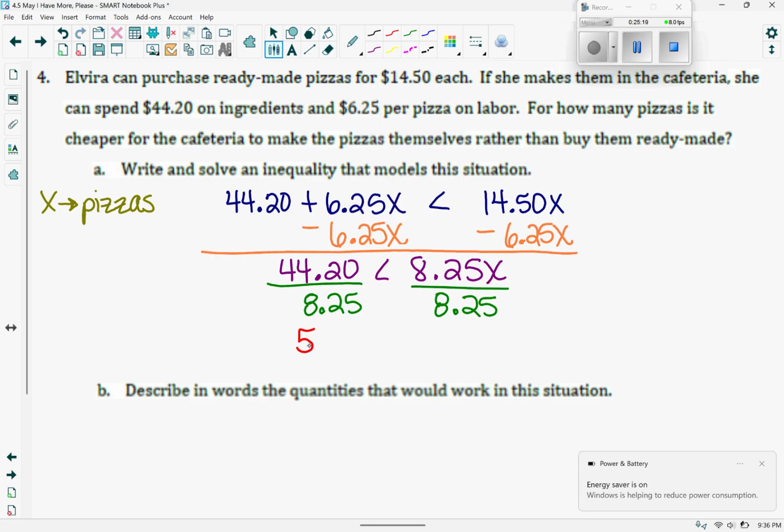And we get 5 point, I'm going to round it to 4, is less than x. All right.